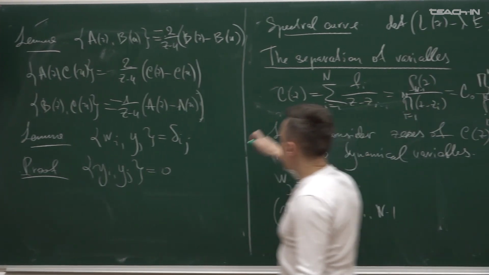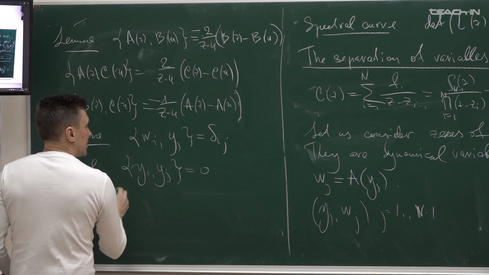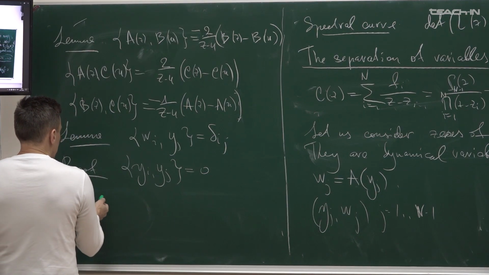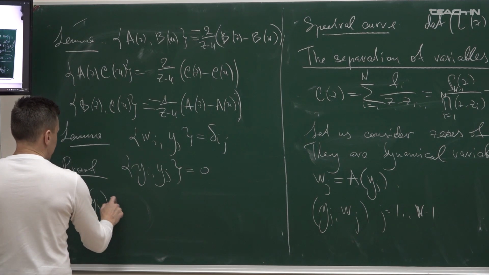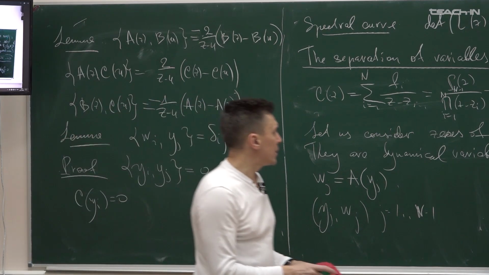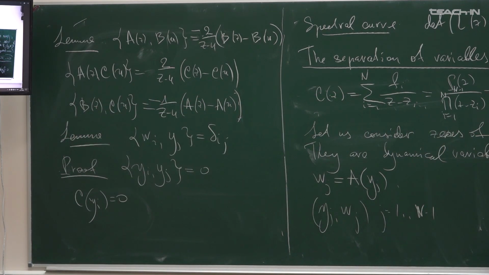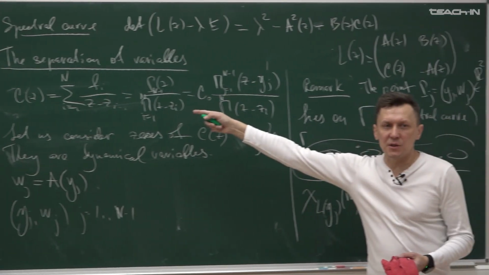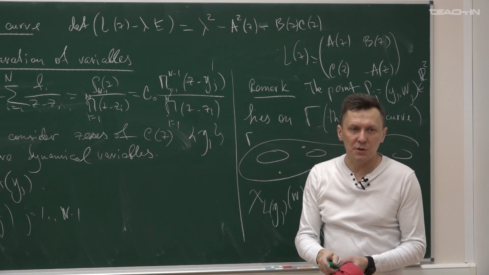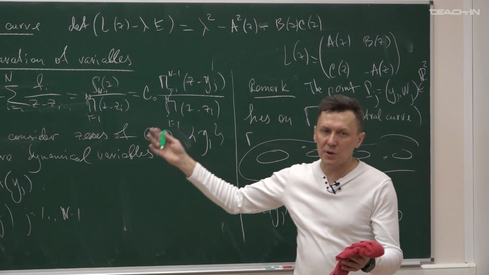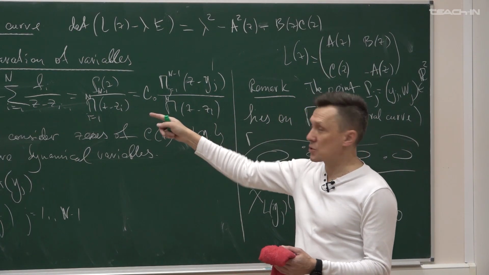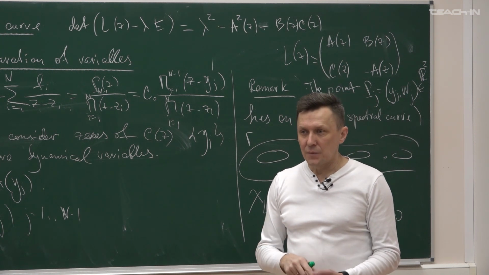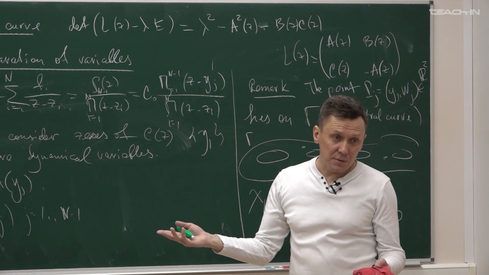Do remember that C of I is 0, so I is a function, so it's the root of an equation, so it's a function on the coefficients of this equation. It doesn't depend on other variables, so it depends only on coefficients of C. And the coefficients of C commute between themselves.